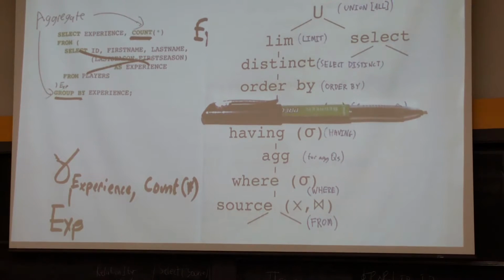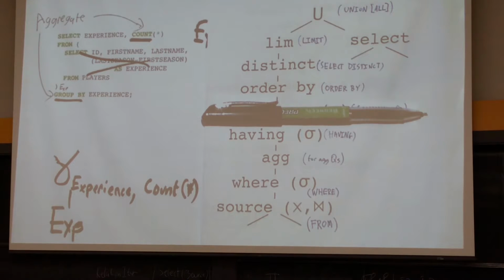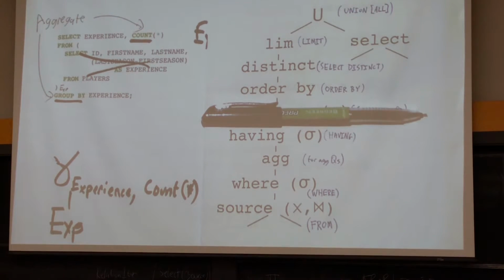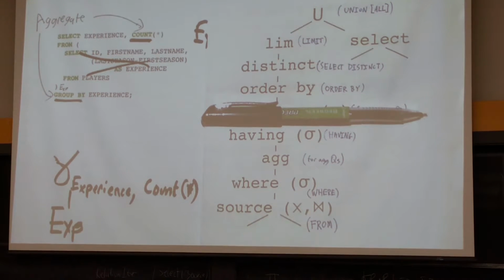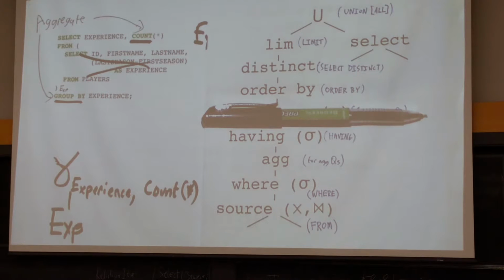Does that make sense? I mean, spiritually they're quite similar, but just in terms of implementation, the code typically for a group by operator is going to look very different from the code for a projection operator.